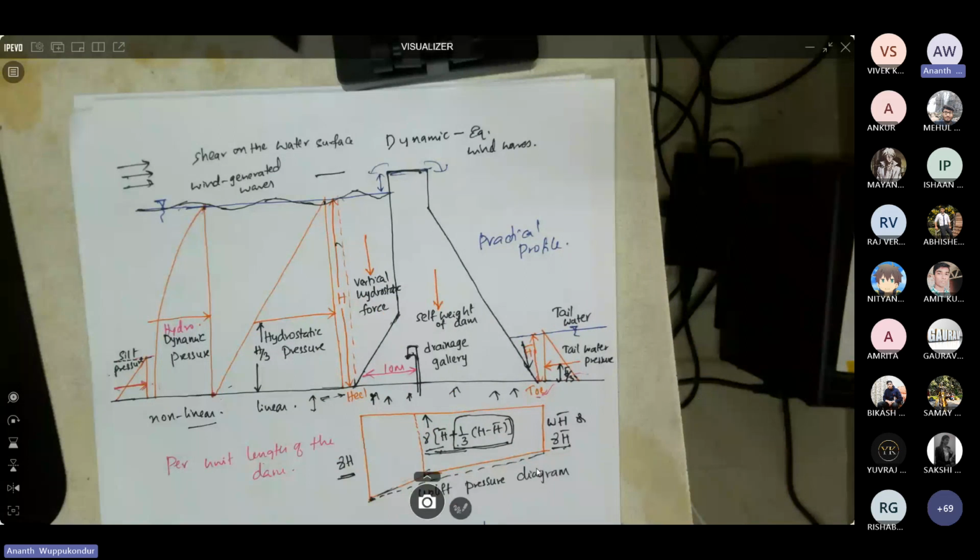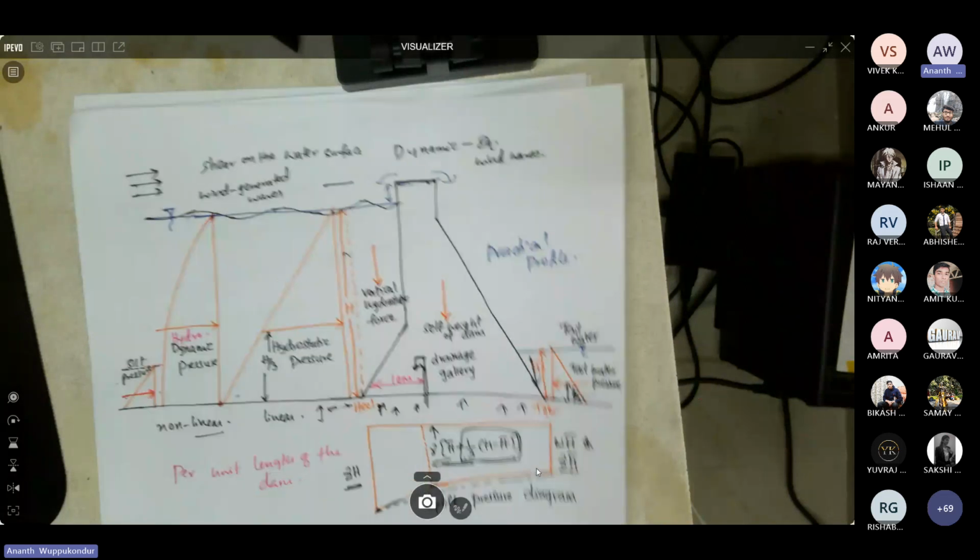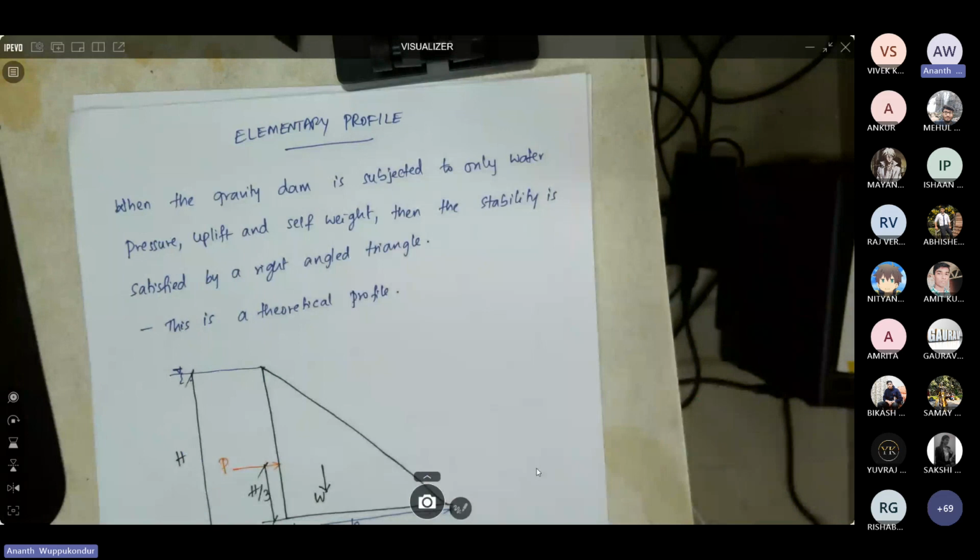Whereas if you consider an elementary profile, this is purely a theoretical profile. Let us say we are not considering earthquake forces, or we are not worried about access on top of the dam. We are just considering three forces: hydrostatic pressure, uplift, and self-weight. Then this theoretical profile would be a right-angled triangle.